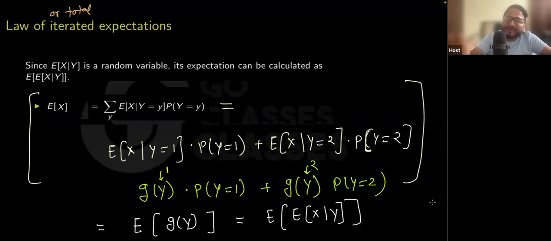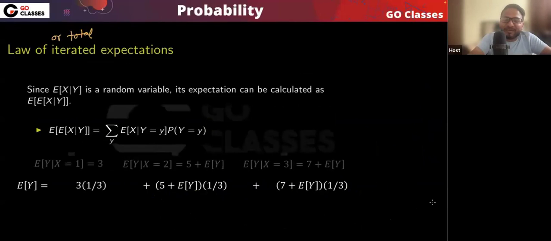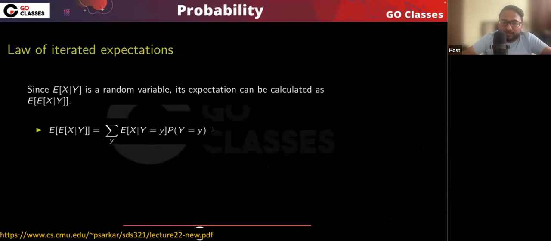Don't worry if it looks a little complicated. But what I want to convey here is that this particular thing, which we have been calling expectation of x, you can also call it expectation of x given y.